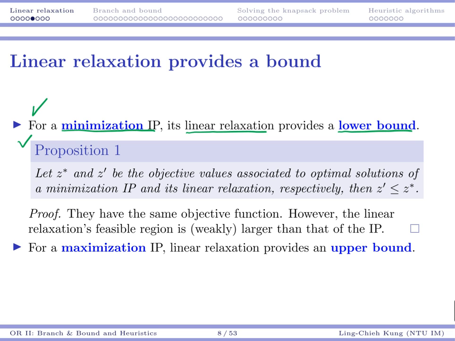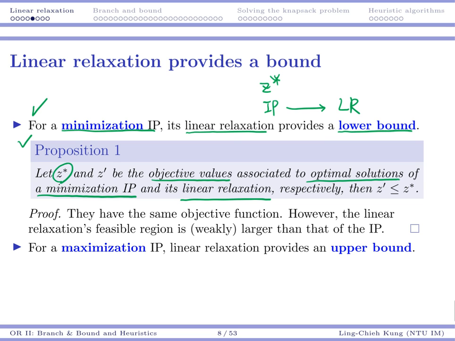So more precisely, let's see what's this. Suppose we have a minimization integer program, and once we find its optimal solution, we may get its objective value. Let's call it z star. So z star is for that integer program, okay? And we also have its linear relaxation. So we make its linear relaxation.